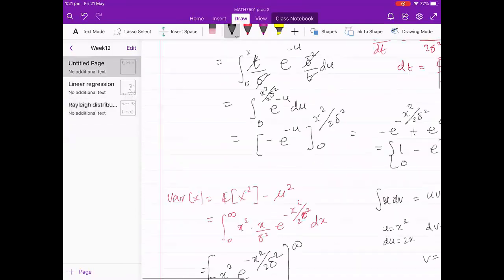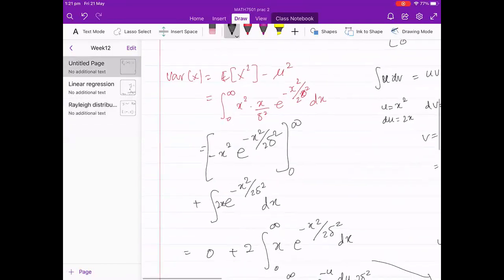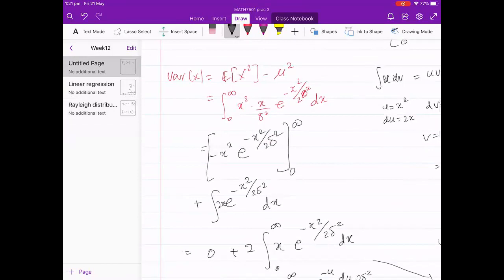Remember from last week, variance is the expected value of the second moment, x squared, minus mu squared. The expected value of x squared can be written as the integral of x squared times the PDF f(x) dx. This time, for the integration, I'm using by parts.